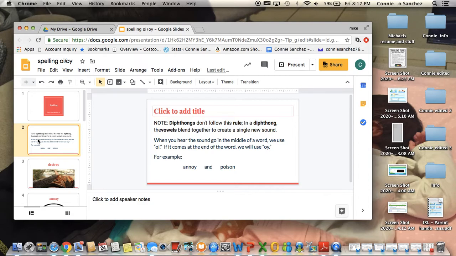I think there is one word where the oi is in the beginning, oyster, but for most words that have the OI, it's in the middle. Poison, it would be OI because it's in the middle. But there are exceptions, as you know, but most of the time the OY is at the end and the OI is in the middle.